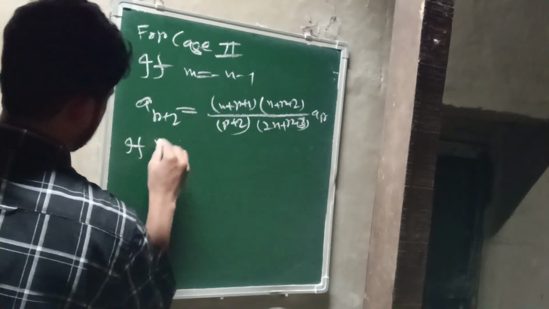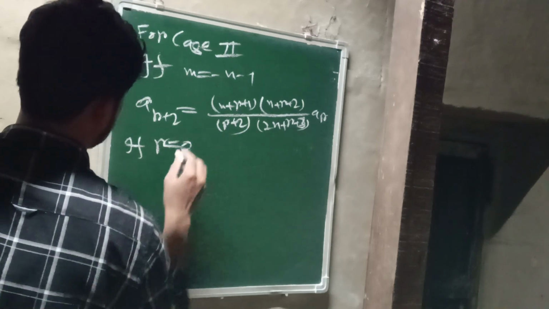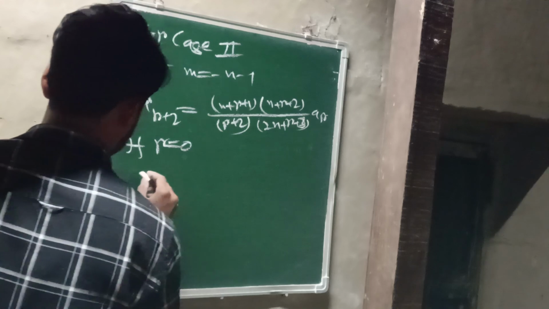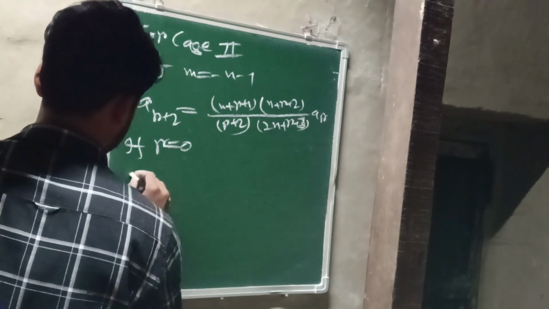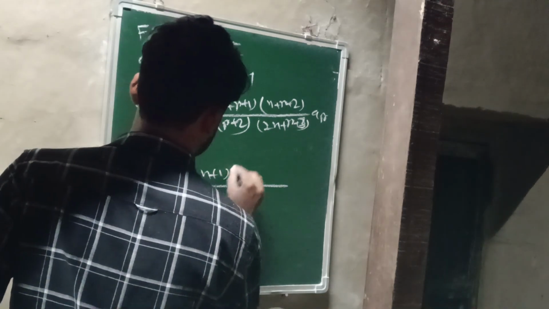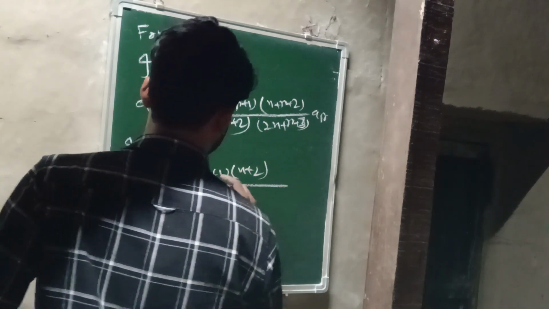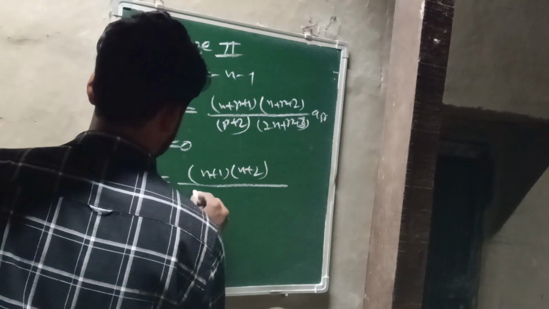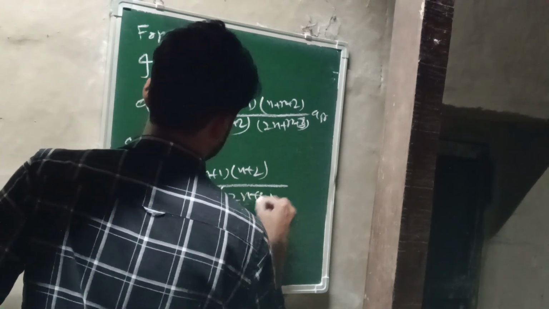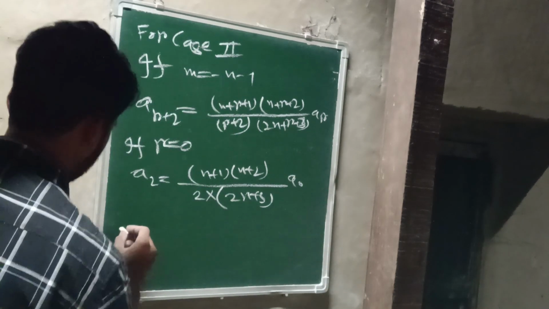Similarly, as in case 1, if r equal 0, then a2 equal (n plus 1)(n plus 2) divided by 2 into (2n plus 3) into a0.